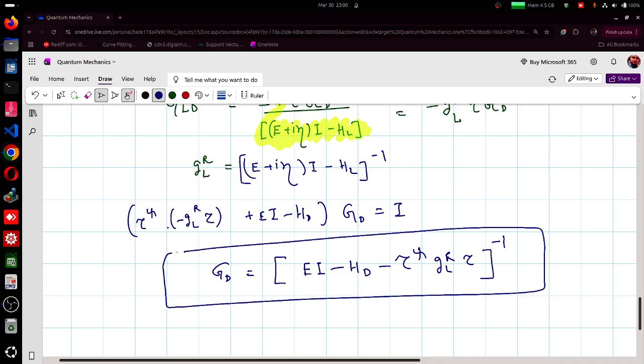This is the Green's function corresponding to the device due to the coupling of the lead.